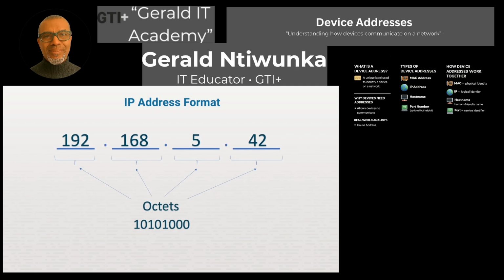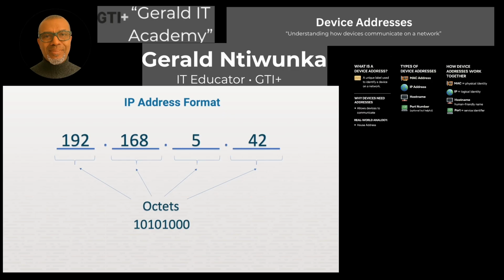Each is called an octet. This is because in binary, each section is represented by 8 digits, from all zeros up to 8 ones, which is the same as 255 in decimal.